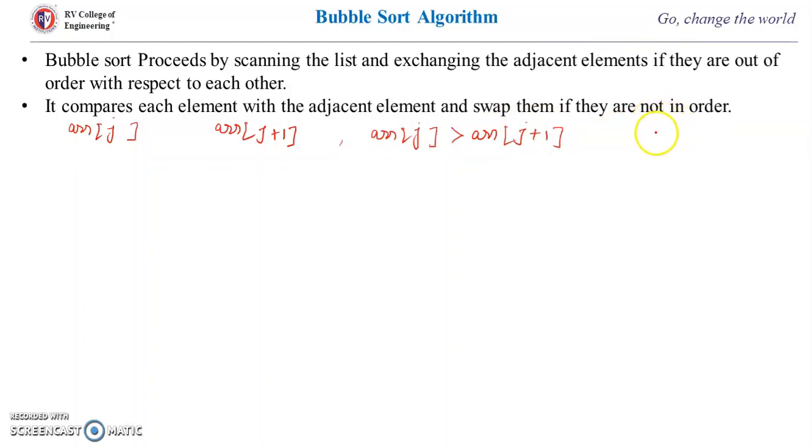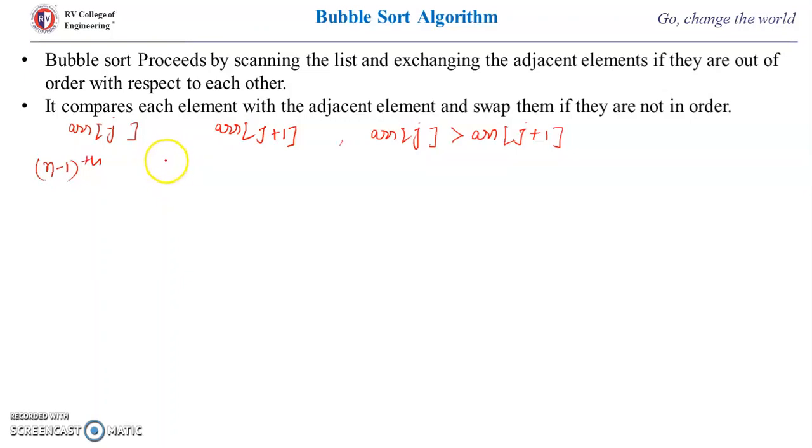After the first pass, the largest element will be at its proper position in the array, that is the n-1th position. After the second pass, the second largest element will be placed at its proper position, that is the n-2th position.